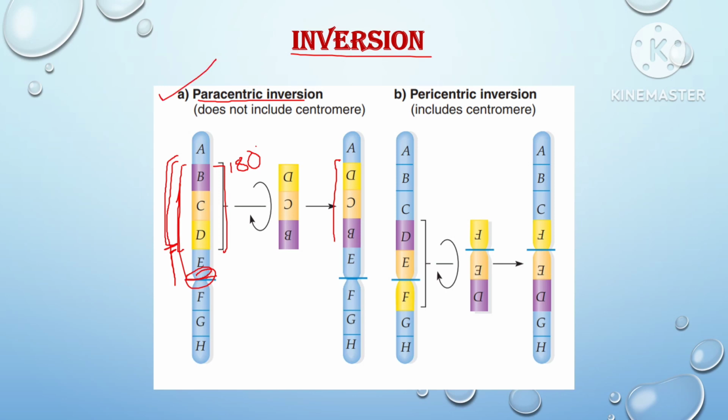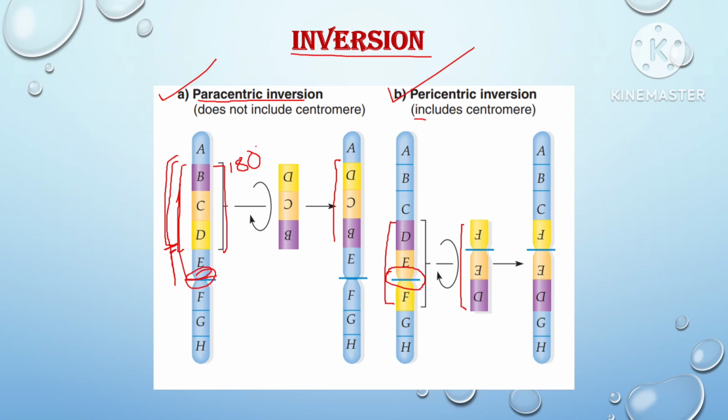And when the centromere is included, you can see D, E and F. This segment is rotated 180 degrees and it looks like D, E, F. So here is the involvement of this centromere. So we call it the pericentric inversion.